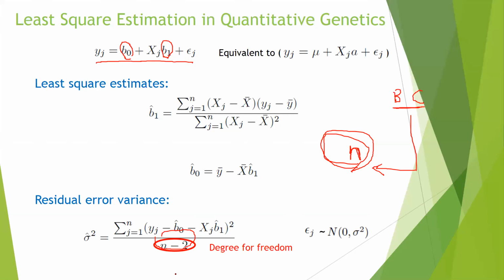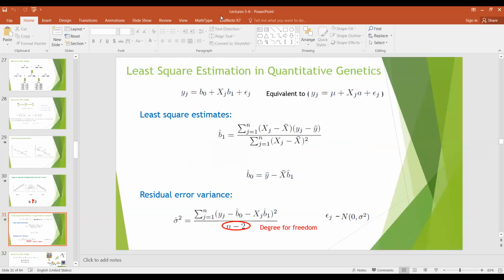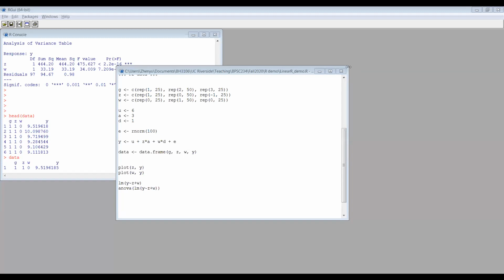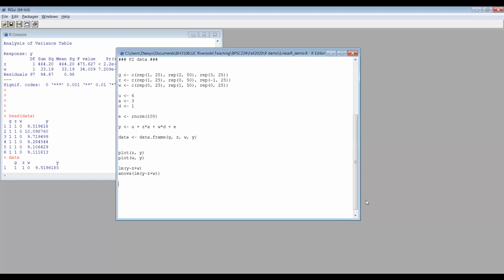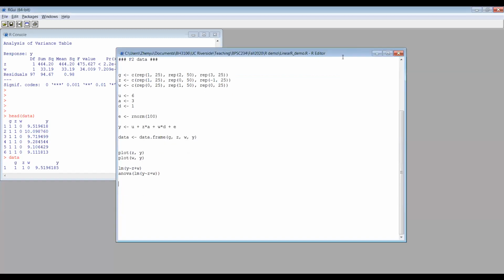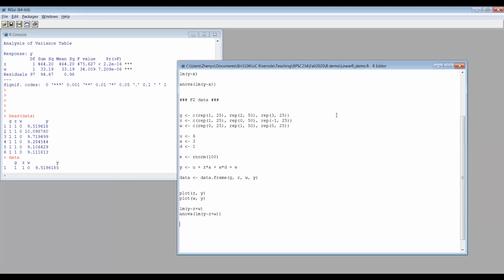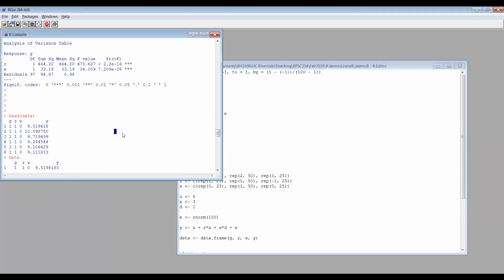Okay, so before class, I uploaded some example code to iLearn. Right now I'm going to show you an example of how we do the linear regression model in R. Can you see my screen? Yes. Okay, thank you.